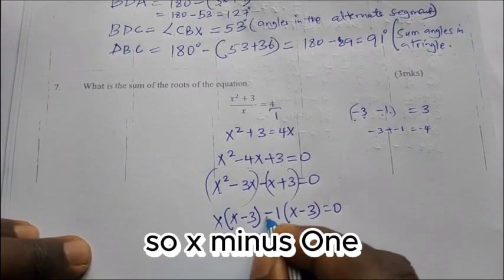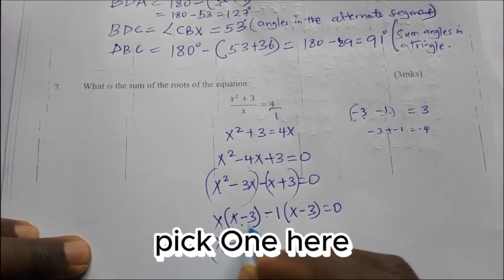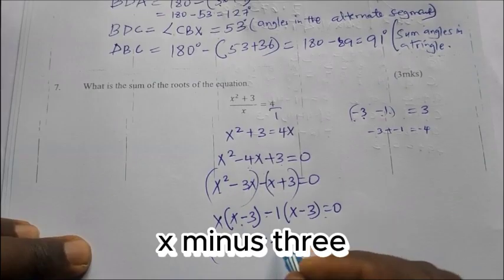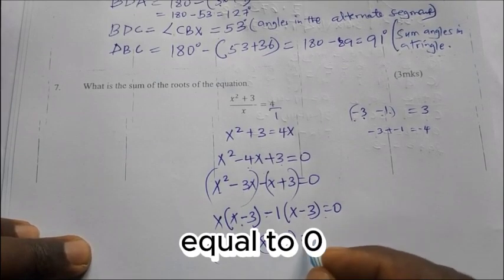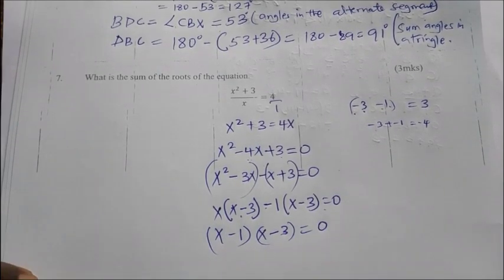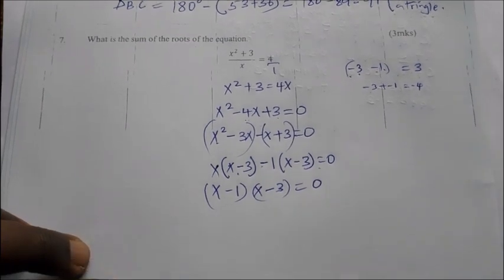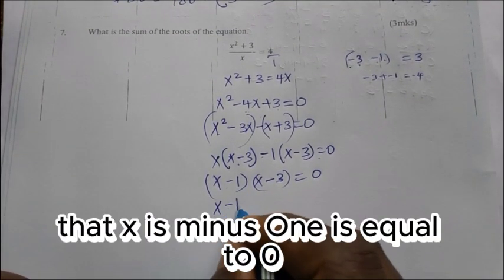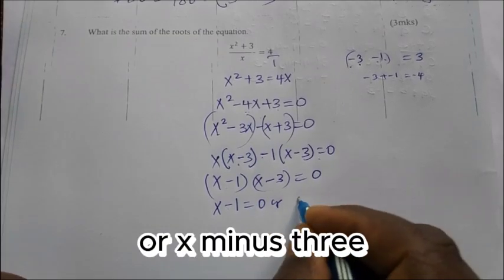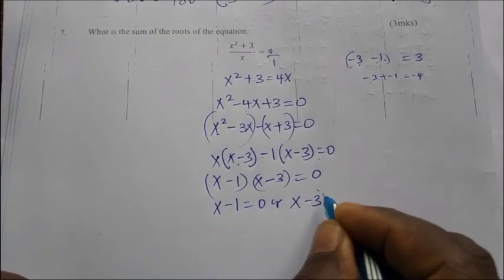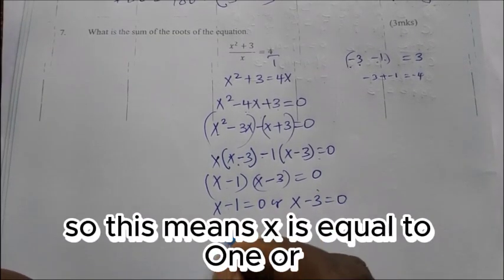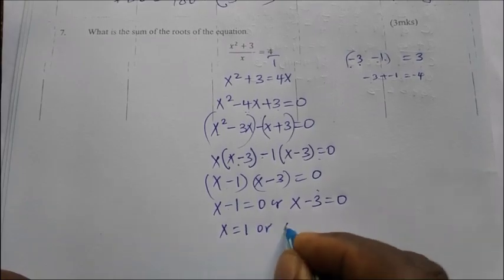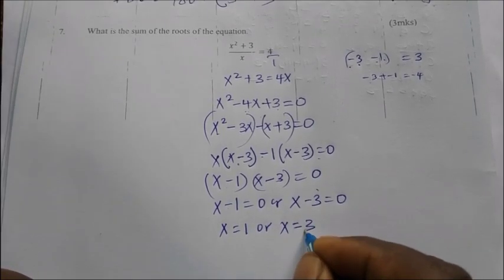So x minus 1 times x minus 3 equal to 0. So it means that x minus 1 is equal to 0, or x minus 3 is equal to 0. So this means x is equal to 1 or x is equal to 3.